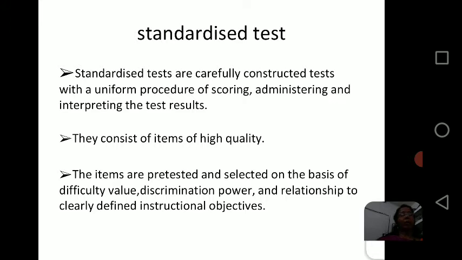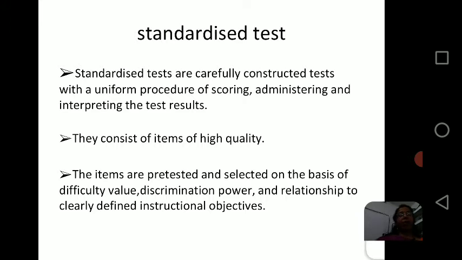We will ensure the quality of a standardized achievement test by passing through certain mechanisms. The items are presented and selected on the basis of difficulty value, discriminating power and relationship to clearly defined instructional objectives.